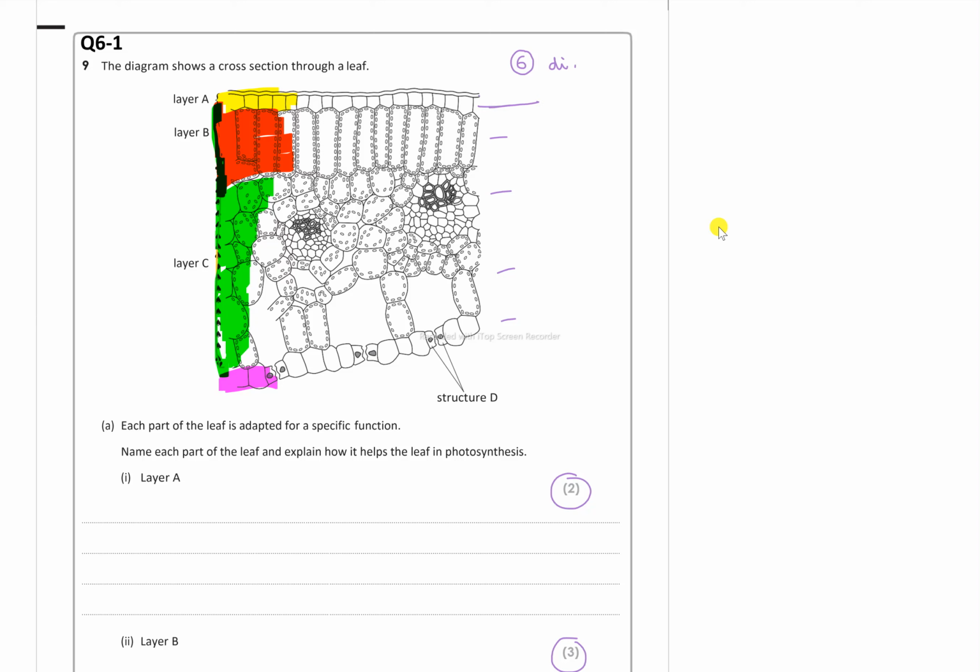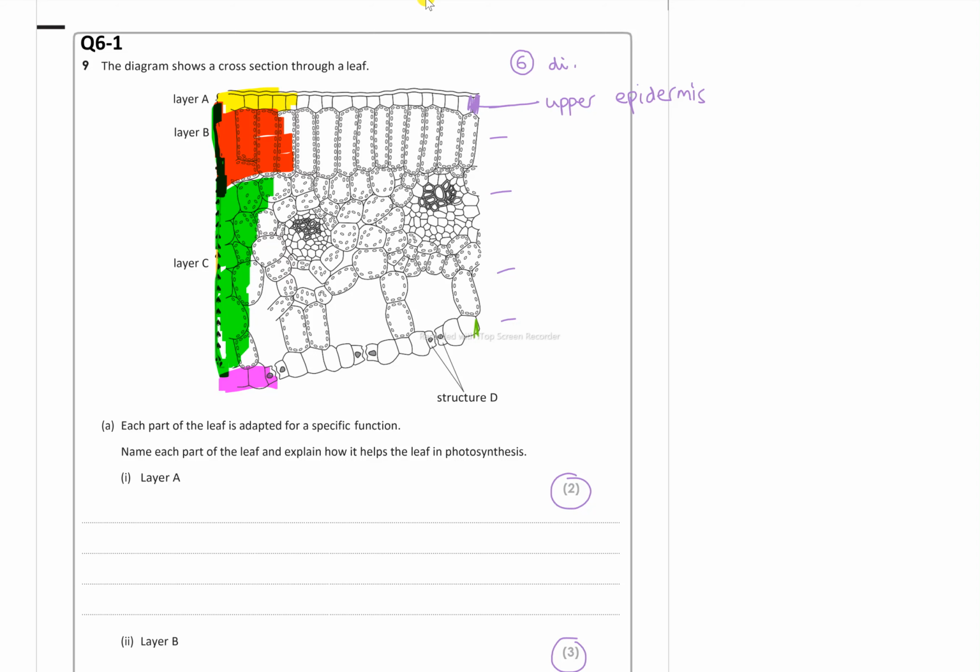This layer is called the upper epidermis. Epidermis meaning outside layer, so it's the upper epidermis.